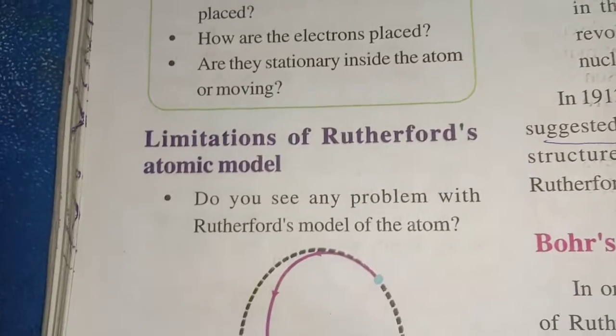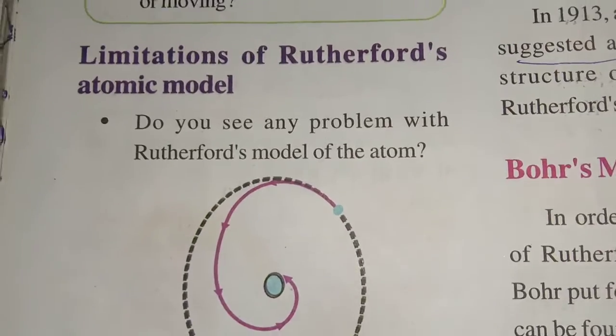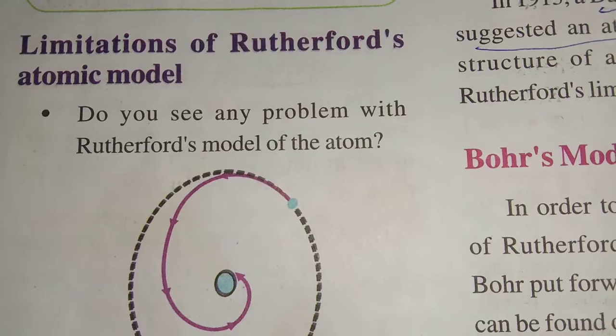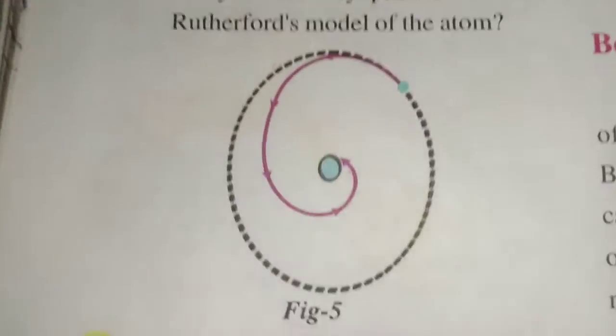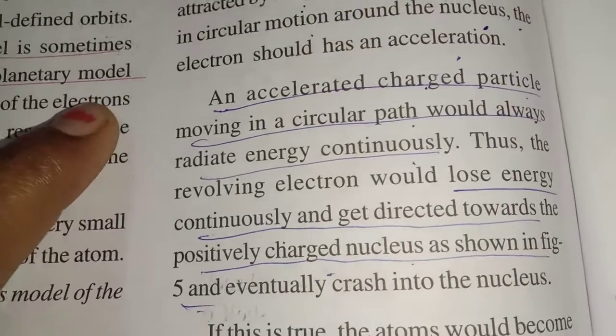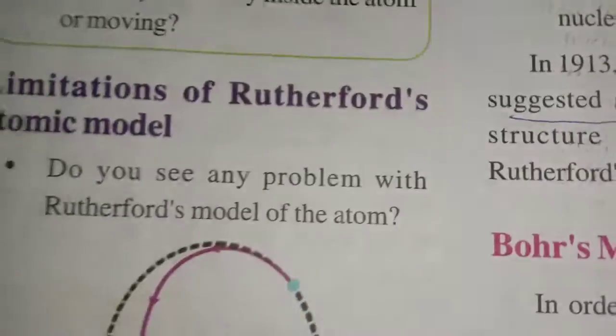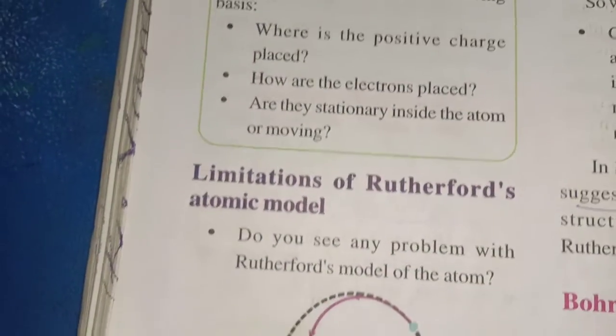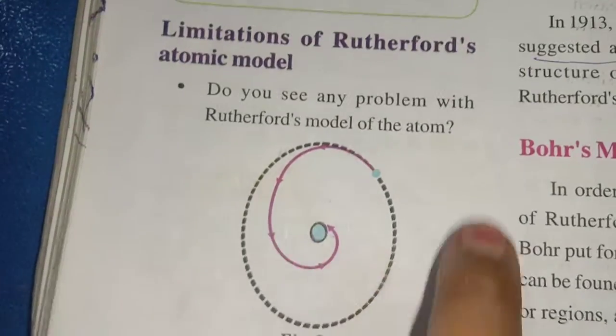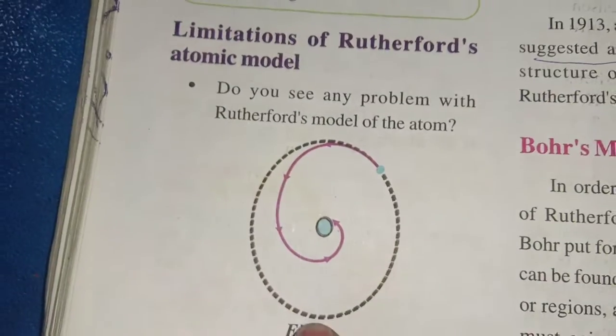But what are the limitations of Rutherford's model? Do you see any problem with it? An accelerated charged particle moving in a circular path would always radiate energy continuously. The nucleus is at the center, and electrons revolve around it.